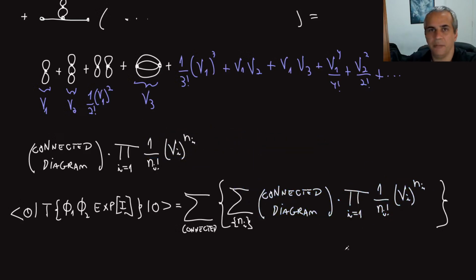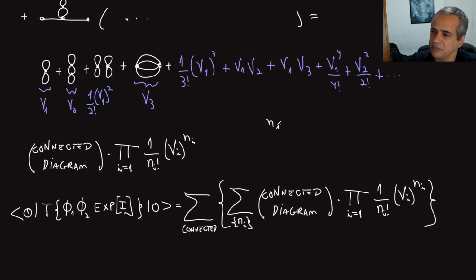I have everything. Right? So now take a look at this expression and think about it a bit. Stop the video if you need to, right? You have a sum over all connected diagrams and a sum over all possible combinations of bubbles that can be multiplying it. And in each of these two sums, this is a particular diagram.